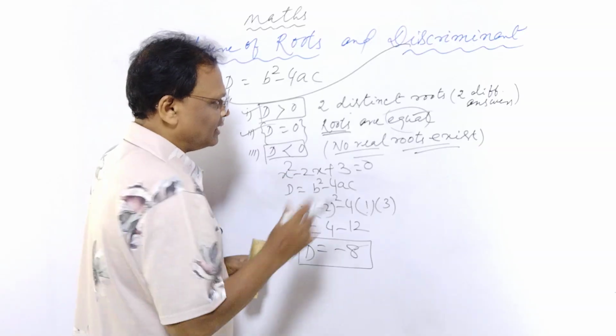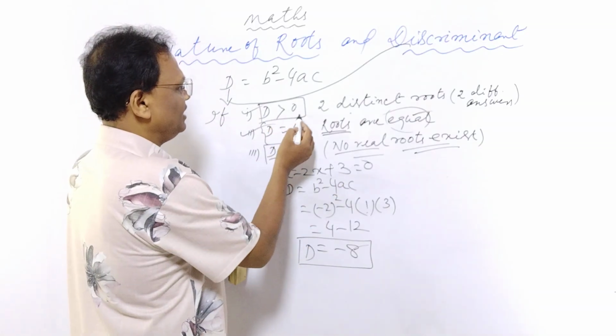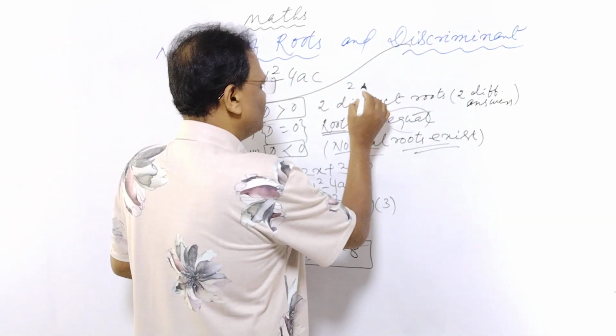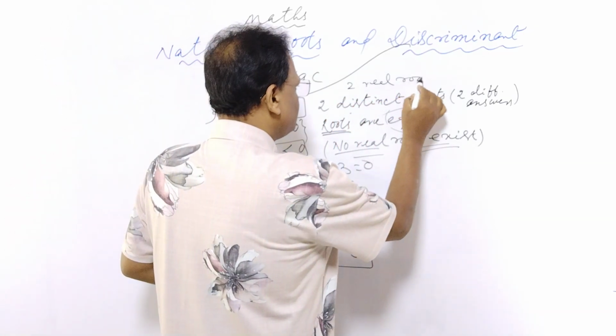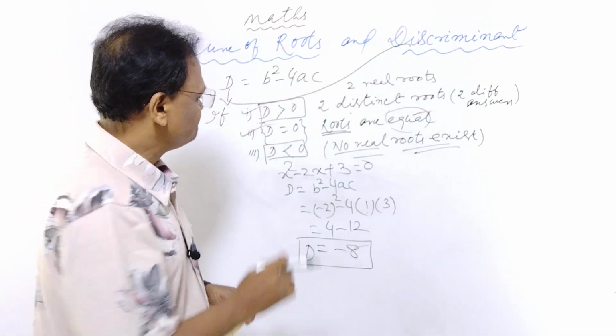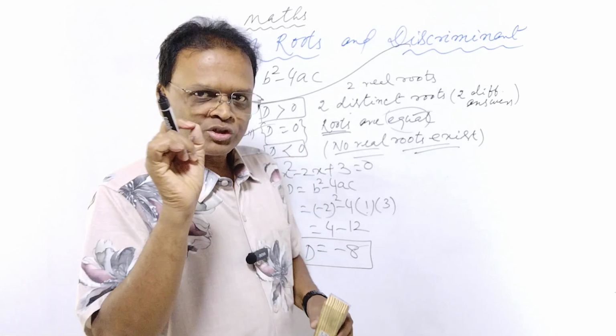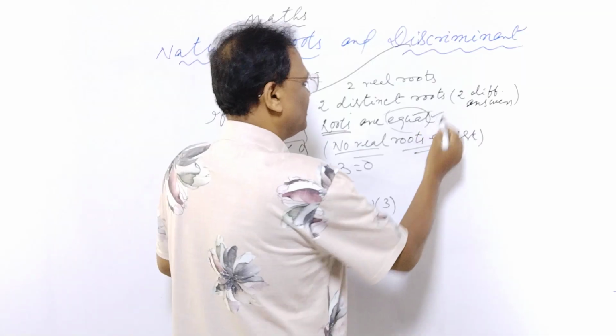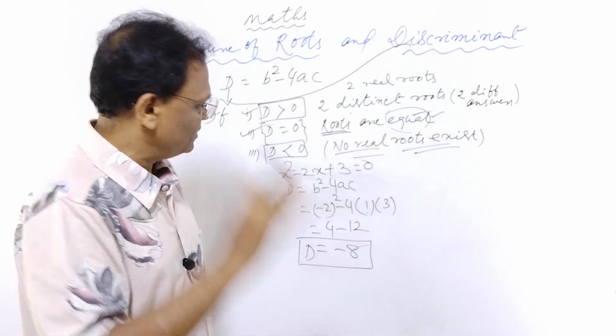Let me repeat once. If D is greater than 0, two distinct roots, I can say two real roots, two different. I got the answer also. If D equals 0, both the roots are real and equal.